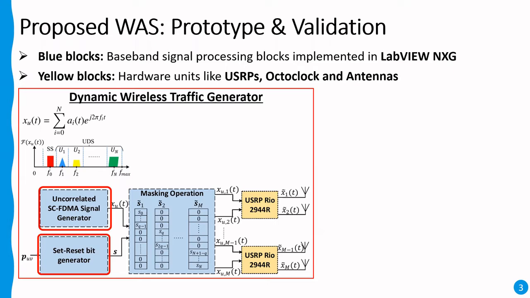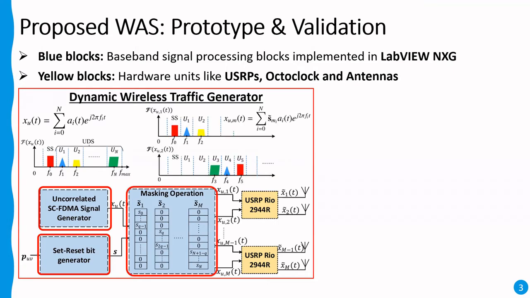These masking bits S along with the uncorrelated multiband SC-FDMA signal, that is XUT, are then sent to the masking operation block where M masking vectors are generated for M directional transmission. These masking vectors are generated such that each masking vector has the masking bits of specific frequency bands.